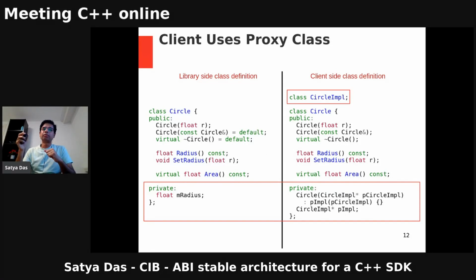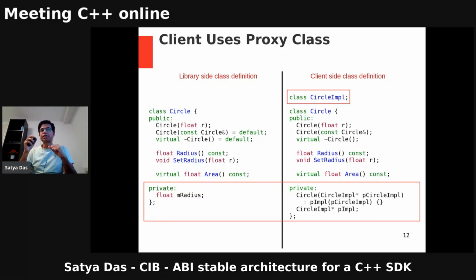On the client side, we can have a circle class with exactly the same behavior, but it will have a data member p-impl, which is a pointer to circle impl, and circle impl on the client side will just be a forward declared class, and nowhere on the client side will there be any definition of circle impl. So this is the opaque pointer that the client will use.